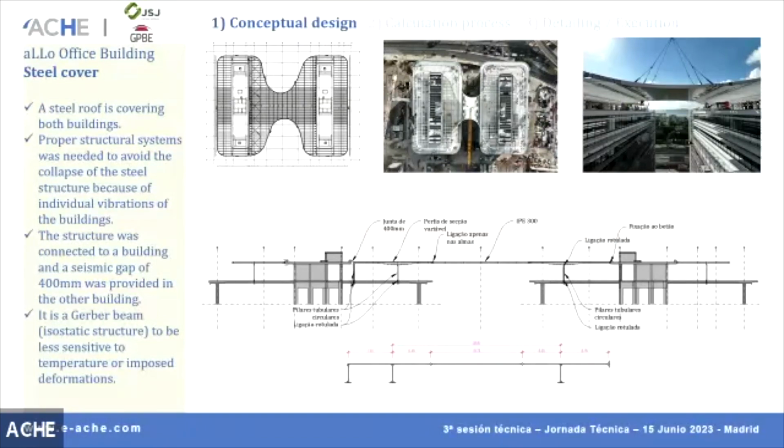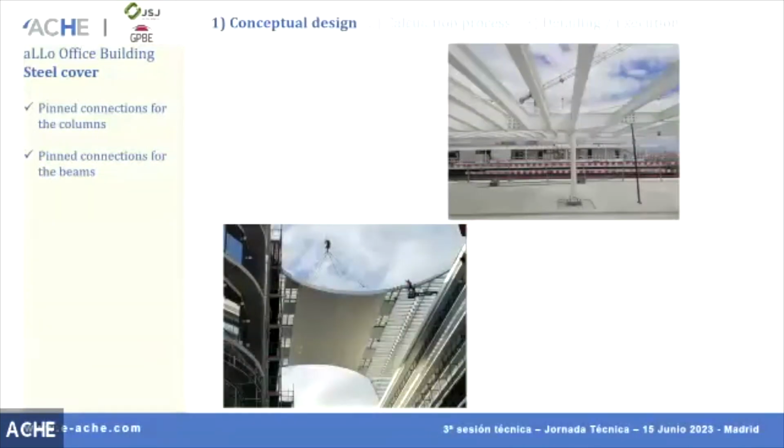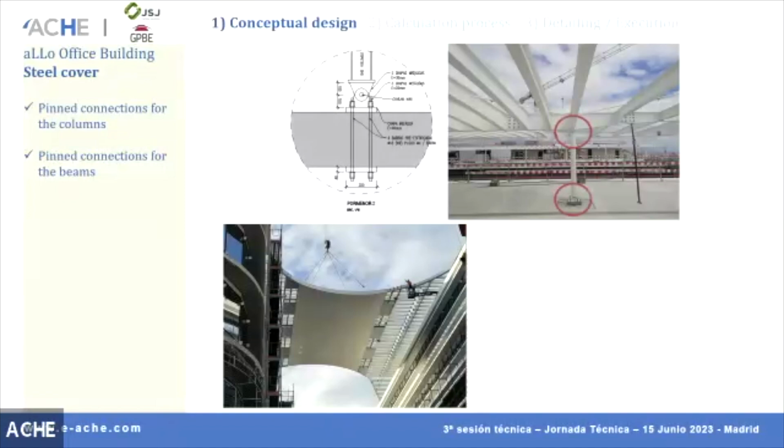Also, we provided a Gerber beam, so it's an isostatic structure, to be less sensitive not only to temperature, but also to any imposed deformation of the buildings due to wind or differential settlements or else. So all this must be made properly, and so we have the drawings.